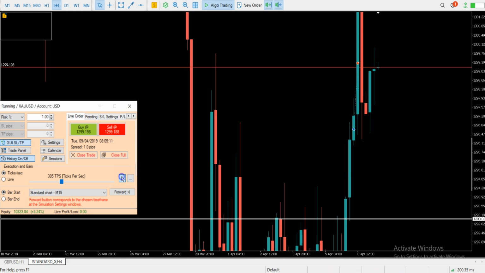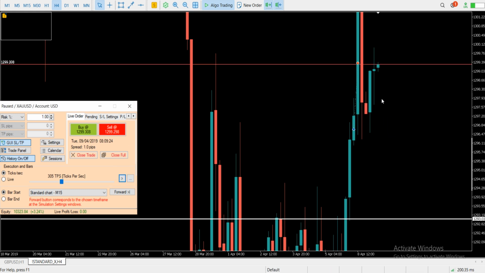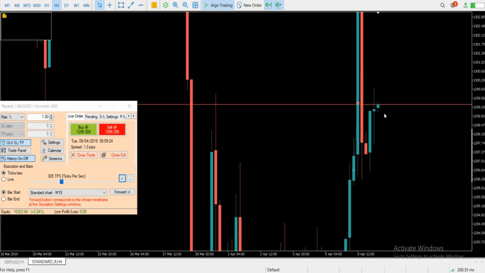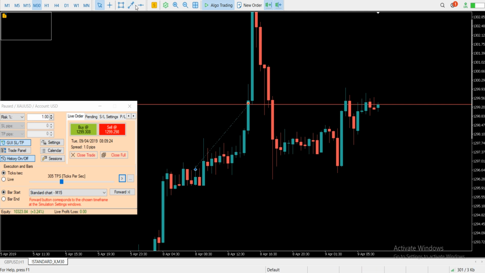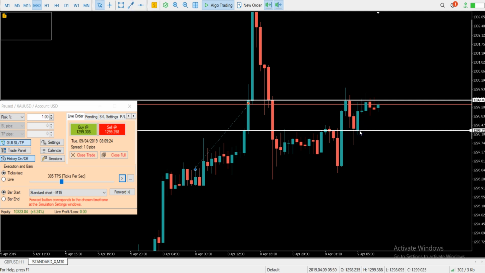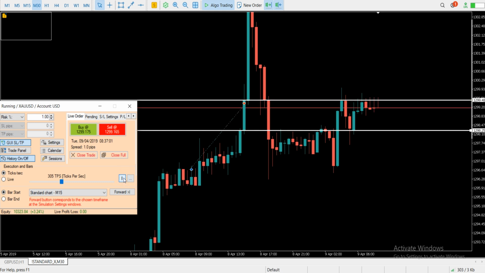If this candle has to go down, I would want to see some sort of resistance formation on the 30-minute to take a sell. Let's just mark this as resistance, this as support, and we will look for some confirmations on the smaller time frame.